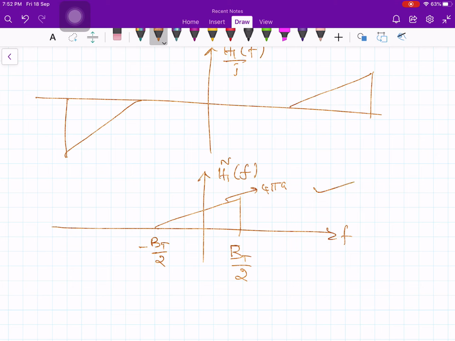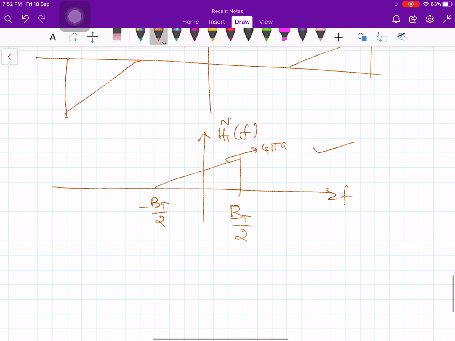So what should we do to balance this out? All we need to do is the following. We take a mirror image of this. So the mirror image will be like this. You take the mirror image of the circuit like this.